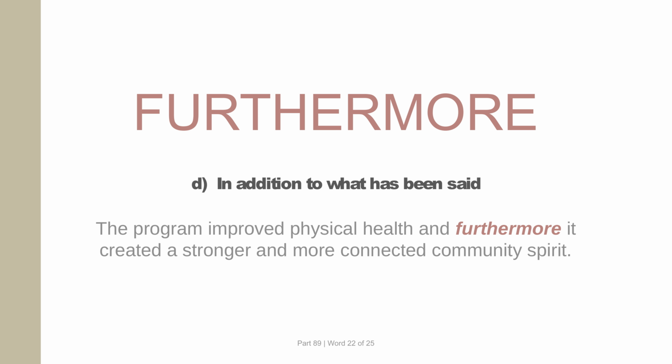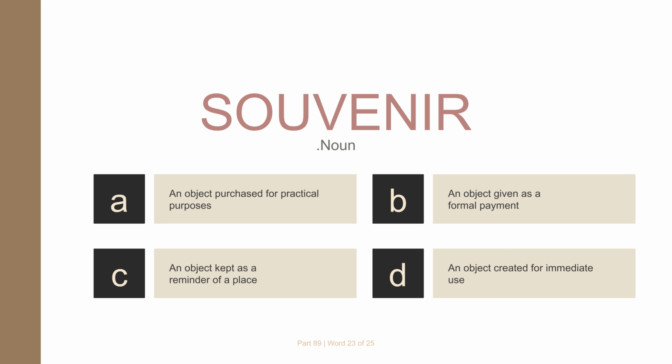Question 23. What is the meaning of souvenir? Option A, an object purchased for practical purposes. Option B, an object given as a formal payment. Option C, an object kept as a reminder of a place. Option D, an object created for immediate use.